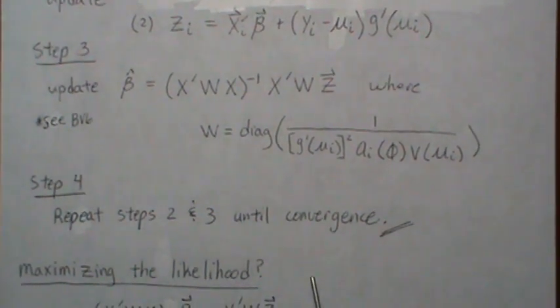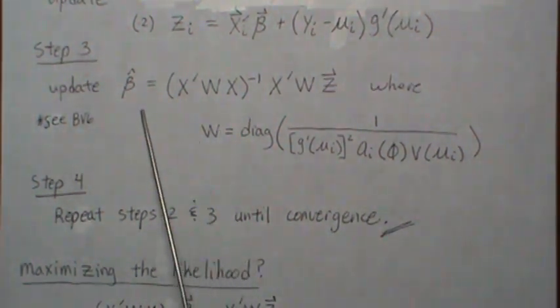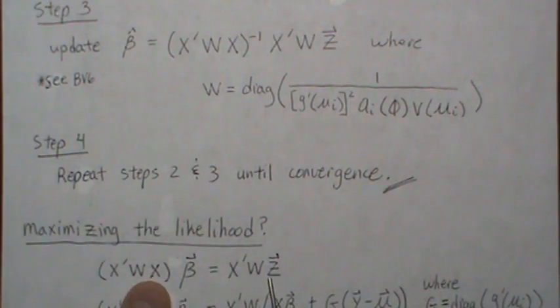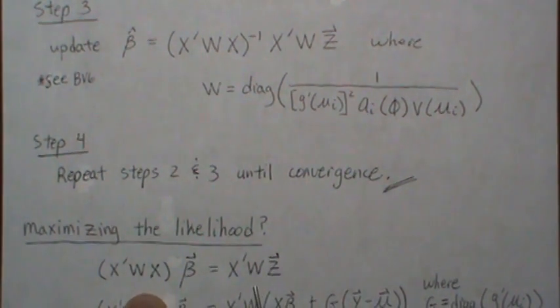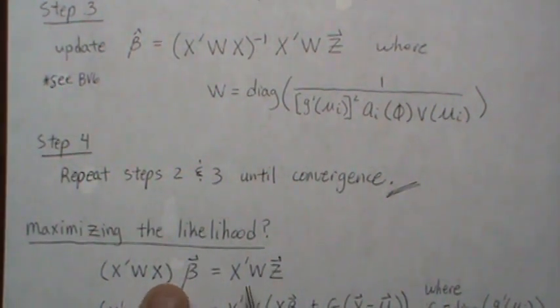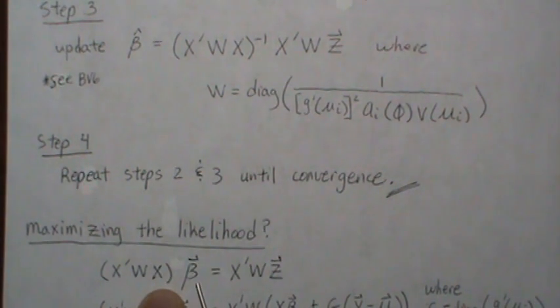So now you ask, how's this equivalent to maximizing the likelihood? If you look at BV6, where I talk about the weighted least squares regression, this is the solution to a system of equations. And that system of equations is this. This is what's called the normal equations. So solving this, you come up with an estimate of beta, okay?